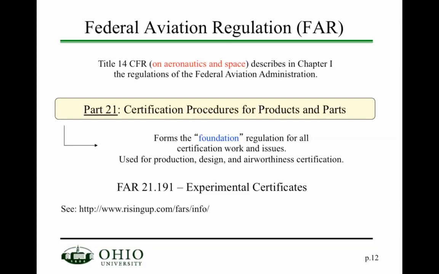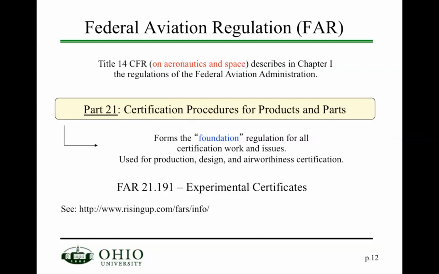So if you look, for example, at Part 21 of Title 14, and typically we refer to it as Federal Aviation Regulation 21, or Part 21, then that defines all the certification procedures for products and parts. If you go to the risingup.com website, you can find out what these Part 21 regulations look like.